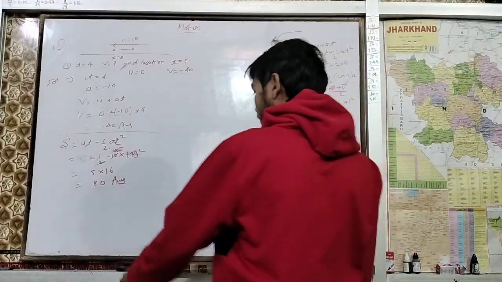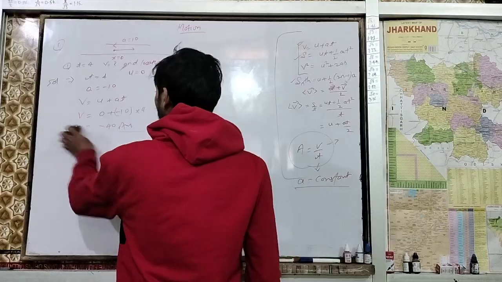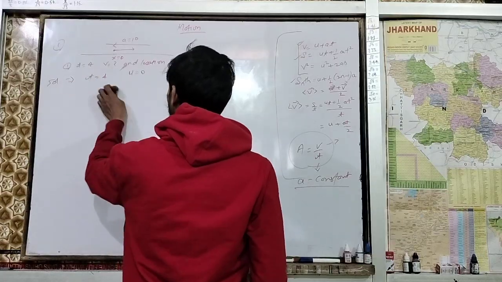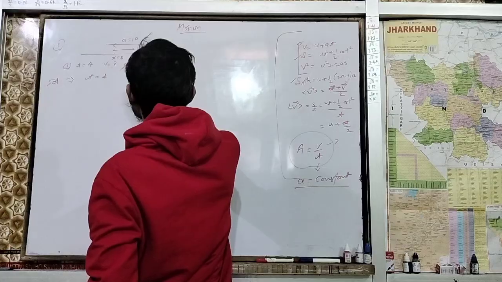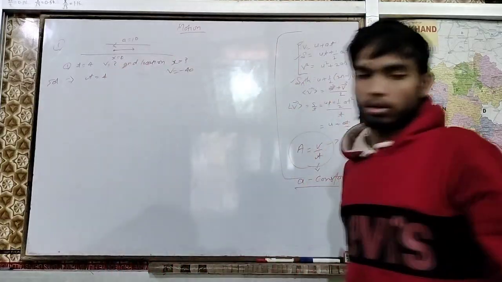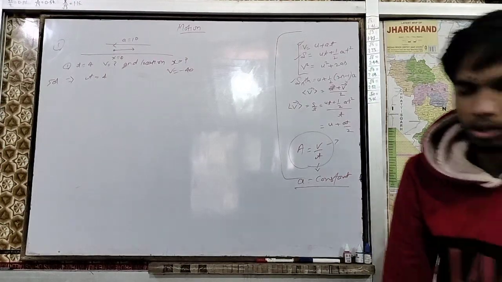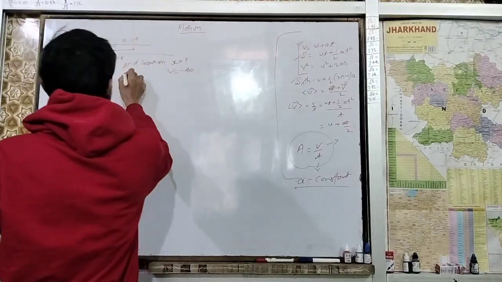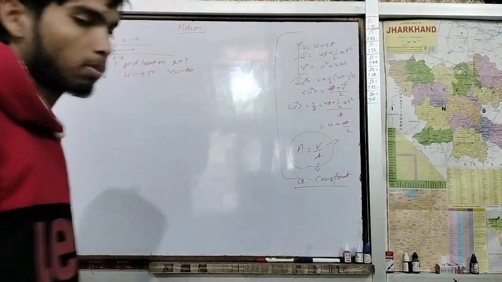Now hold on. We were calculating v where u was 0, but now the question is u is positive 50.